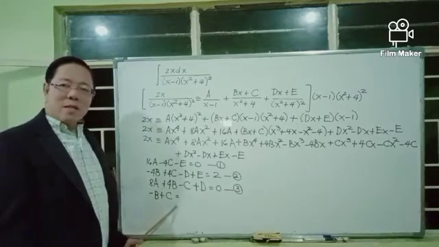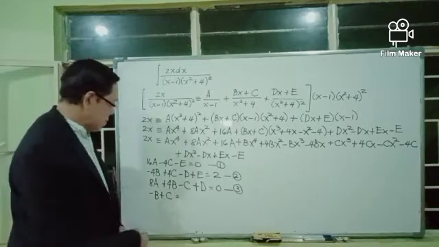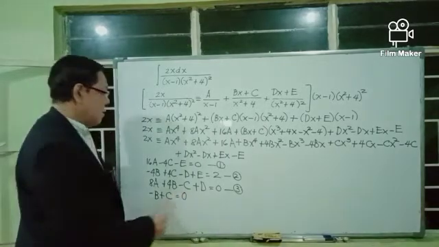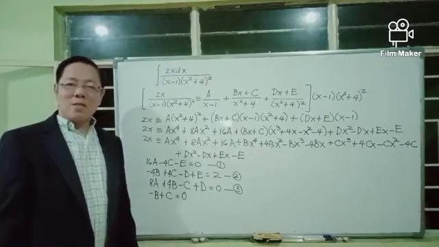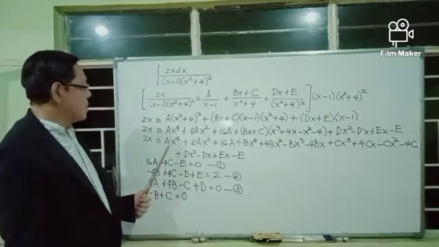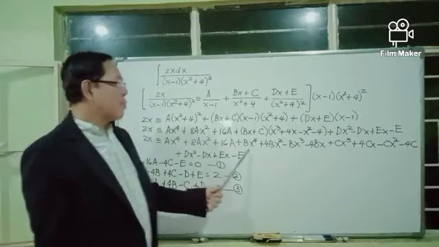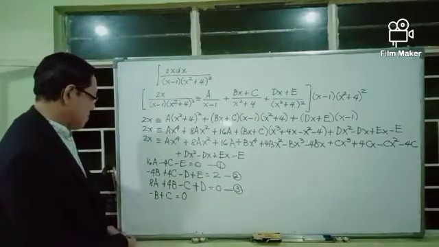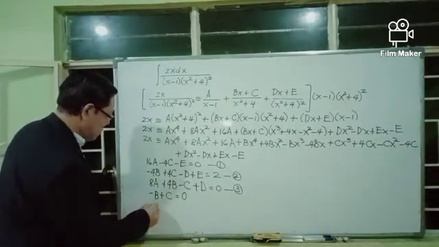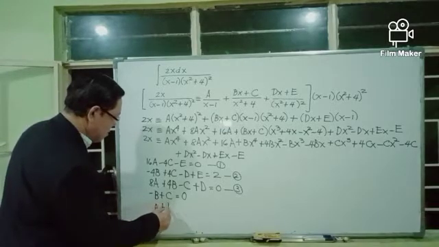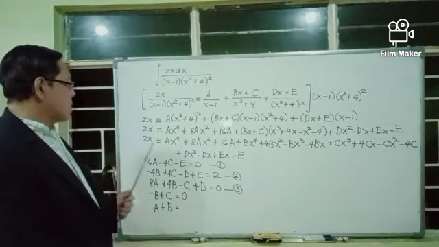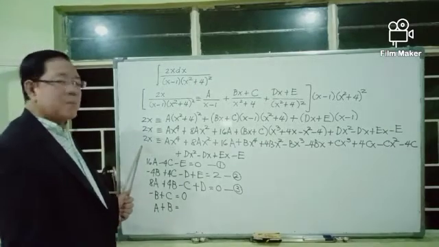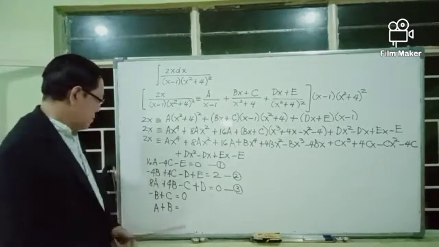Thus we equate this constant to 0. Now we consider the coefficients of x to the 4th power, a plus b. And we equate this to 0.